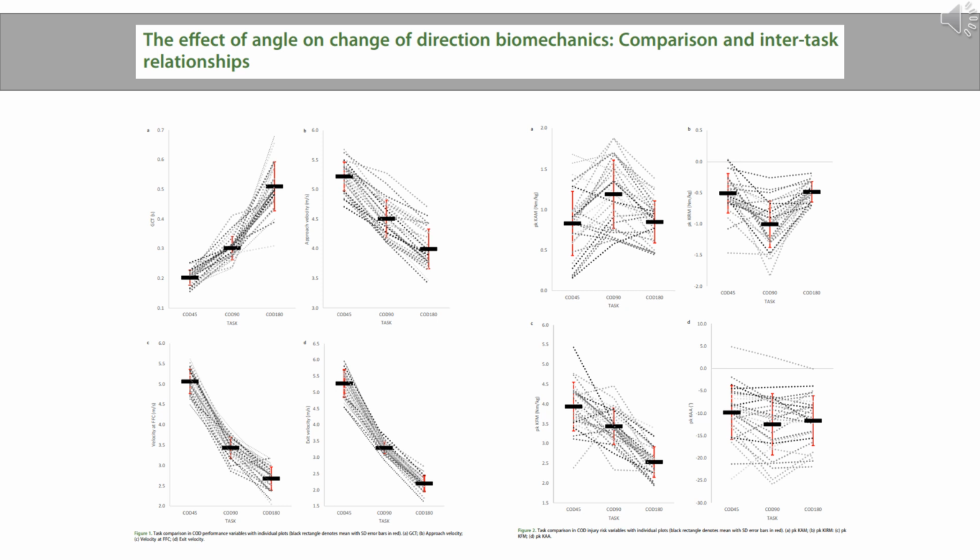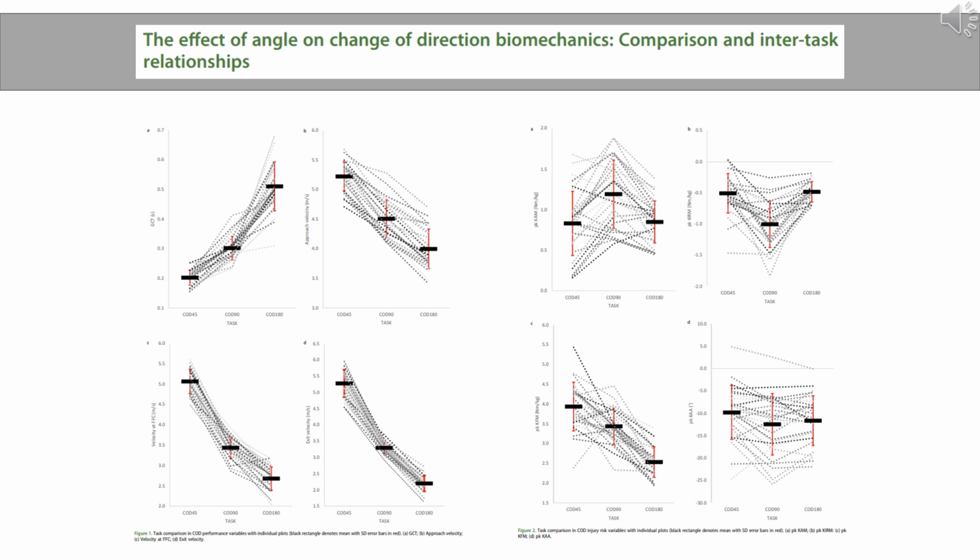If we look just here, we can see that the amount of time we need to spend on the floor is much, much greater during a 180-degree cut compared to 90 and 45. So as the angle becomes less, we can spend less time on the floor, probably because we are able to maintain our velocity.